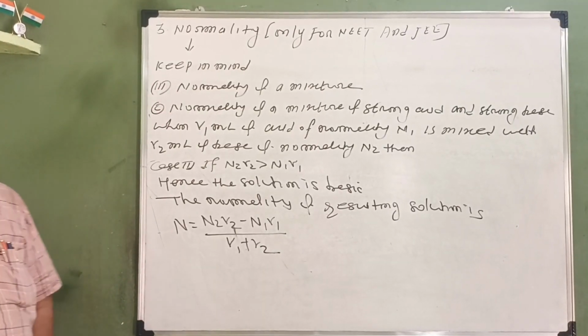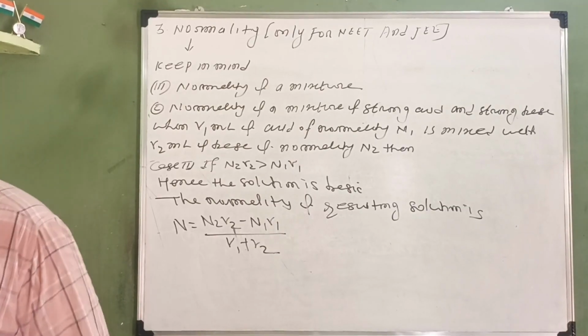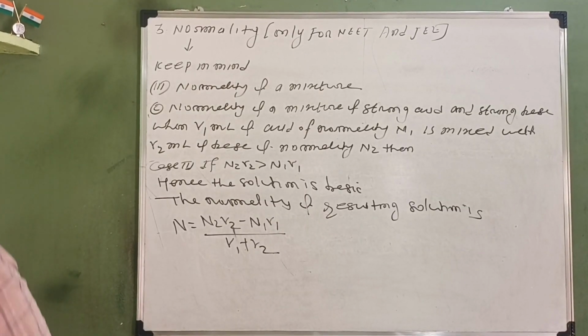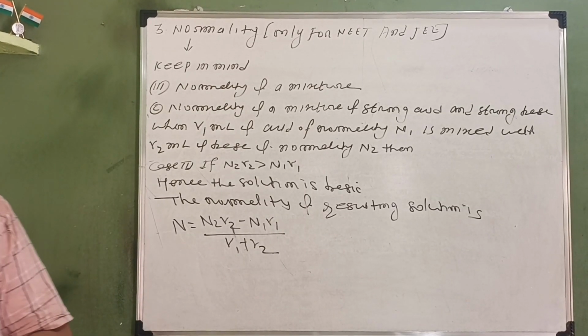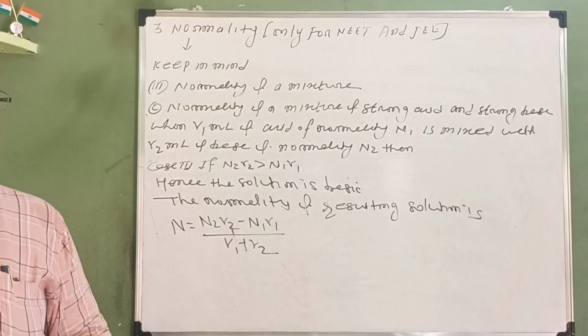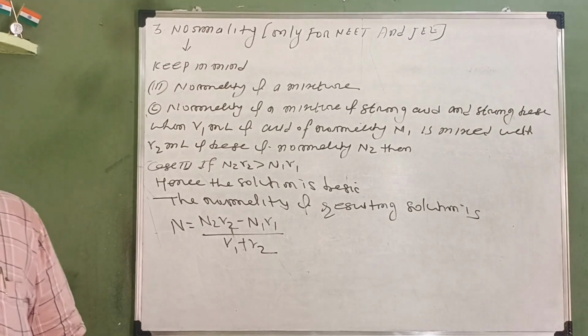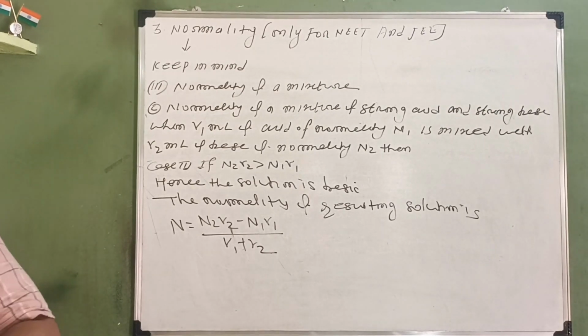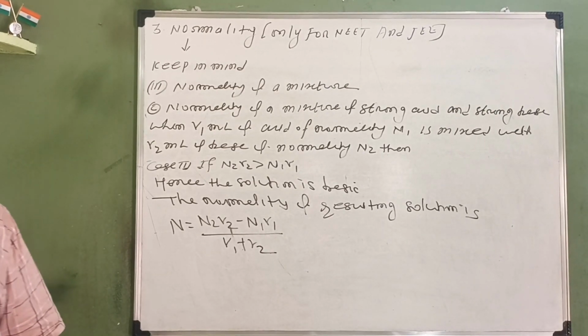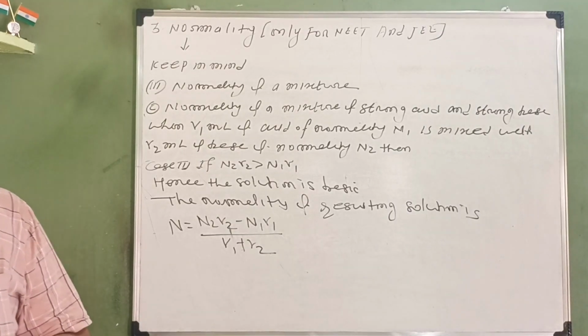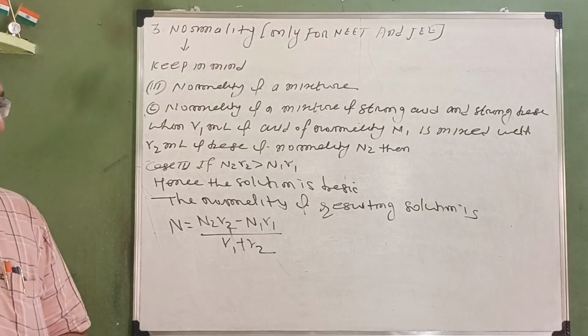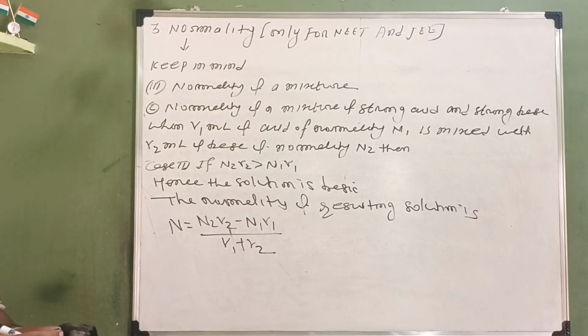Now, in the mixture of two or more than two strong acids, you will get the value of N, which is nothing but the concentration of H plus ion. And in the mixture of two or more than two strong bases, you will get the normality, which is nothing but the concentration of OH minus ion.